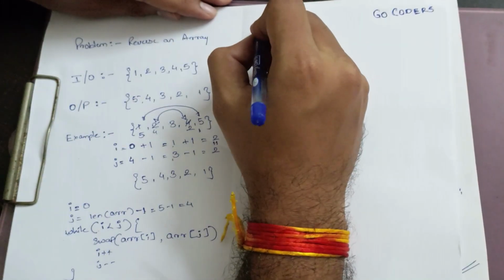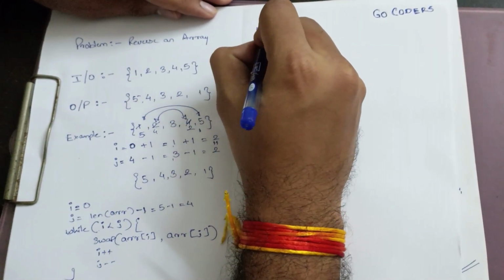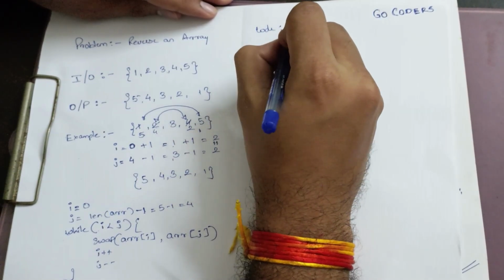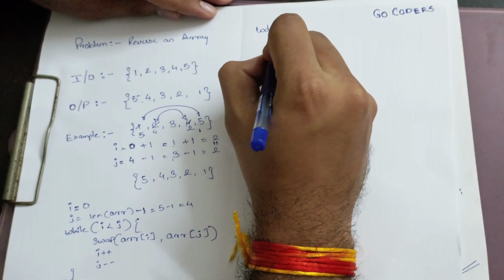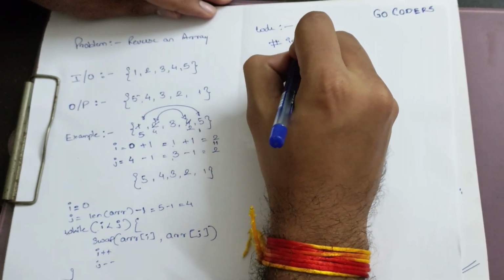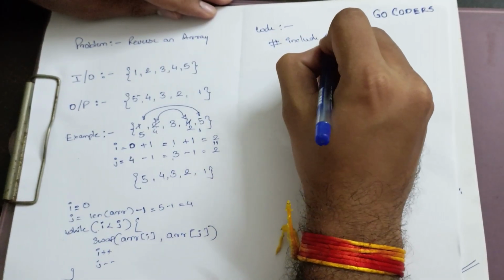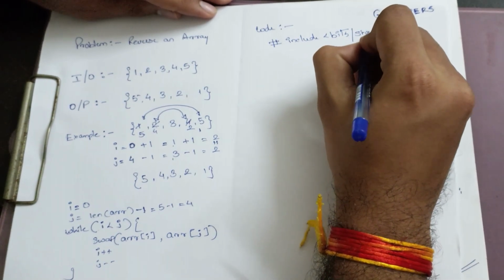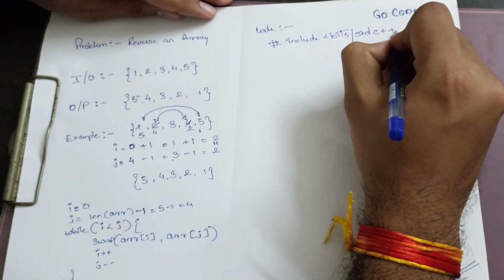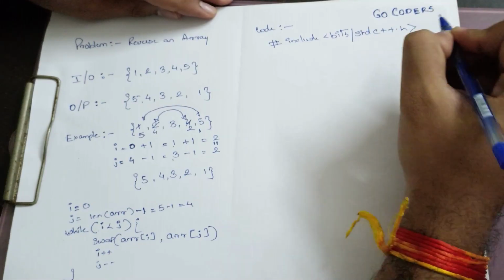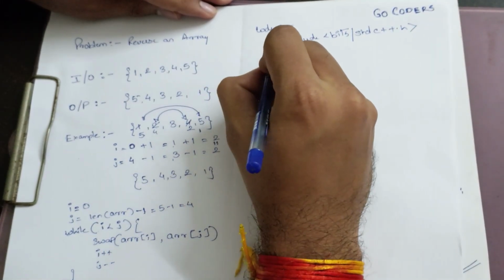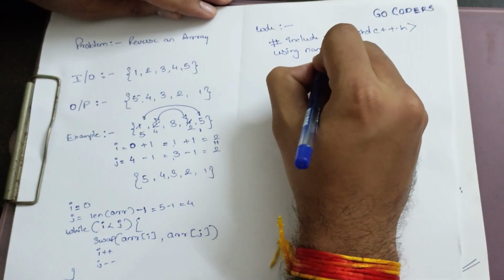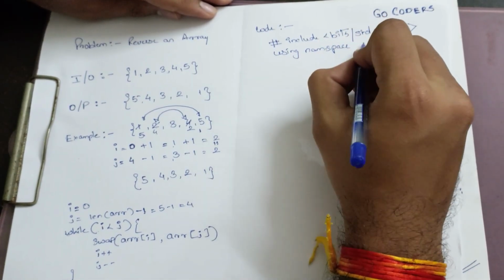Now let's write the C++ code for this. Let's include our standard libraries, bits slash stdc++ dot h, using namespace std.